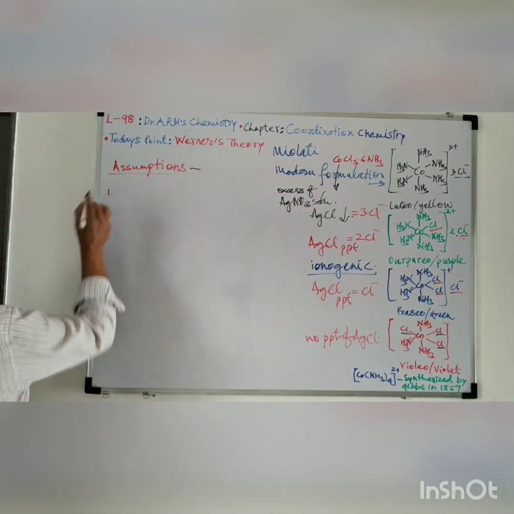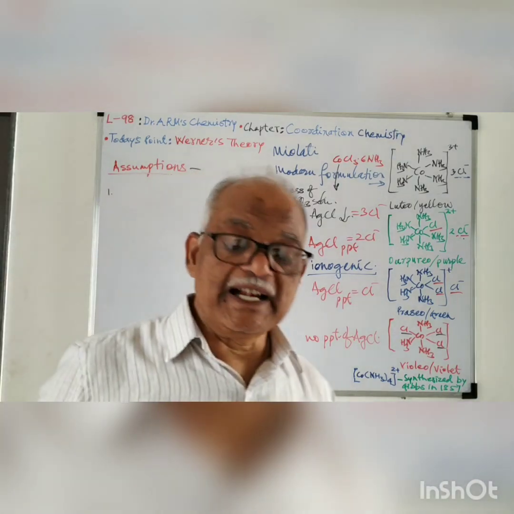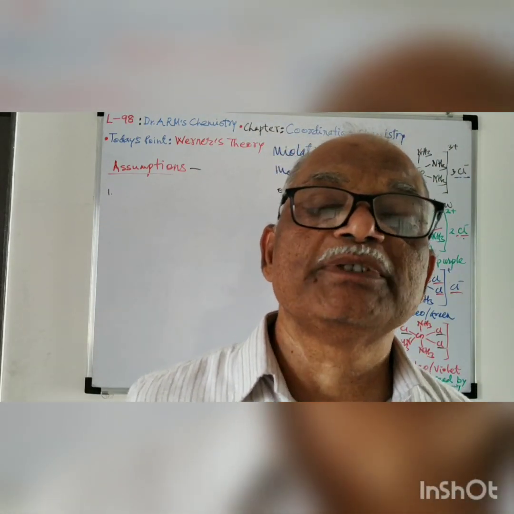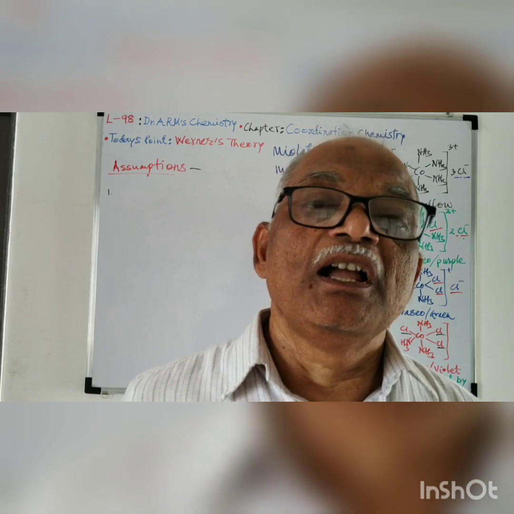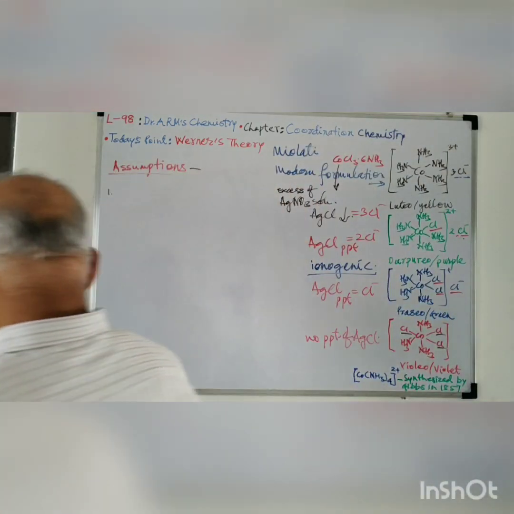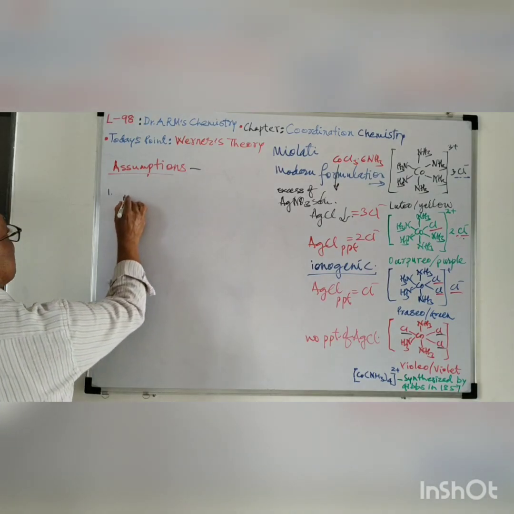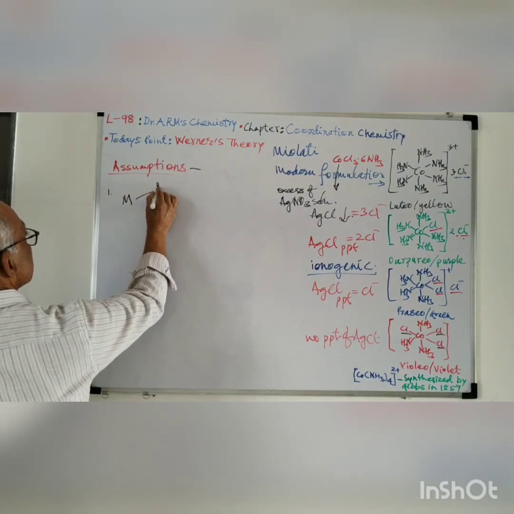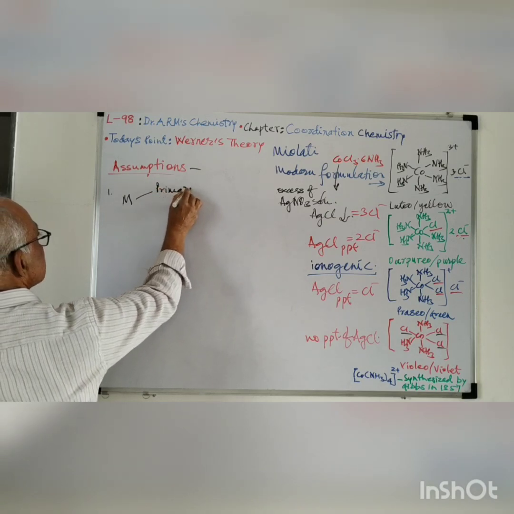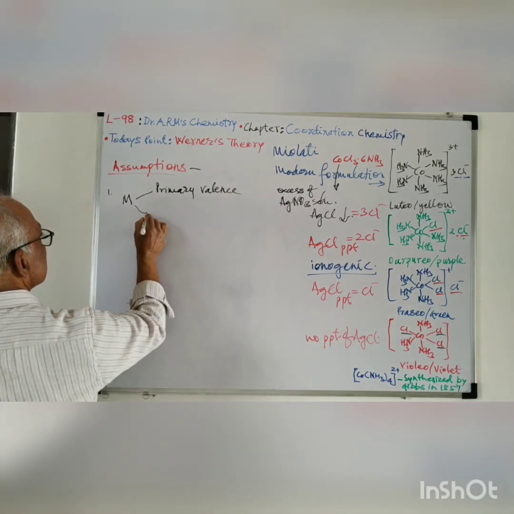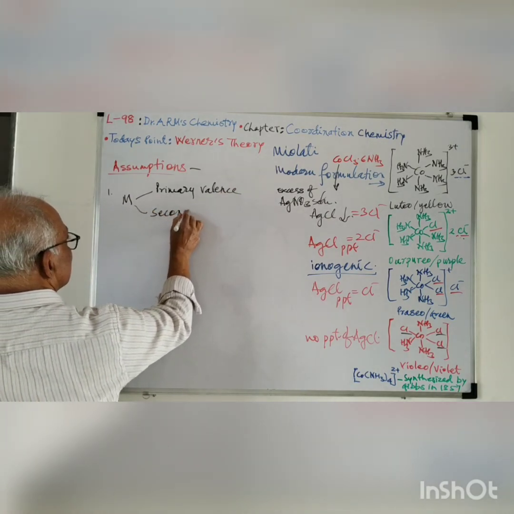So the first assumption is that every metal has two types of valences, the primary valence and the secondary valence.